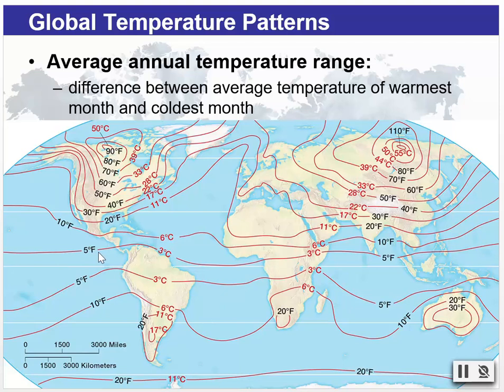If we look at the map, where are we seeing the most extreme ranges? We're back up here onto this huge continental component, where we have an average annual range of 110 degrees Fahrenheit.